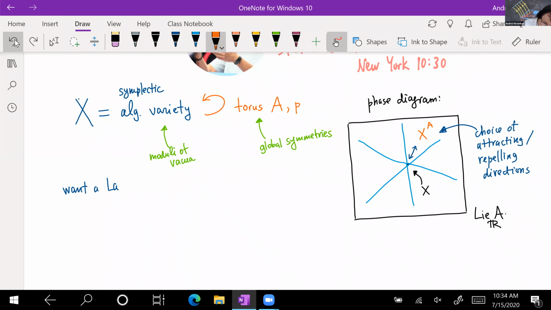Then there's a restriction of functions. So we have O of elliptic cohomology of X3 maps to, this map is restriction of functions, O of elliptic cohomology.